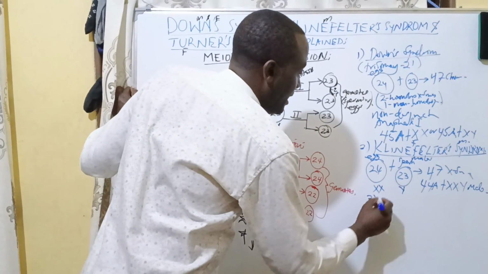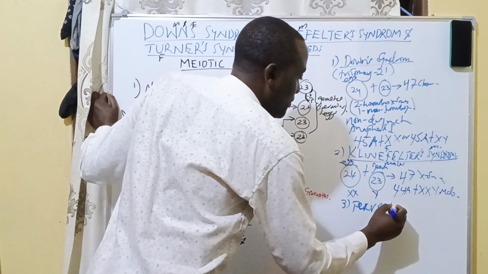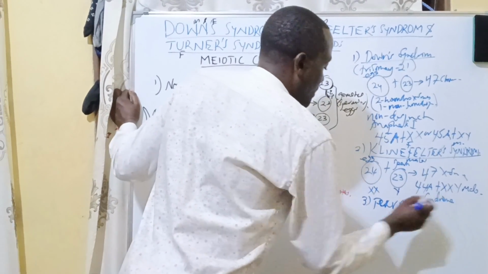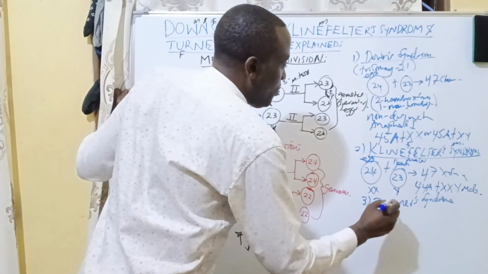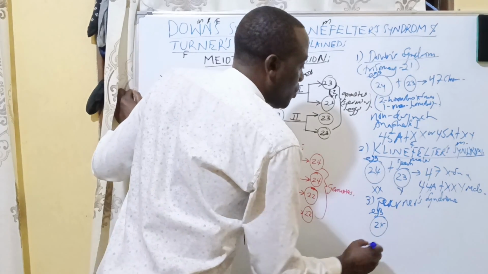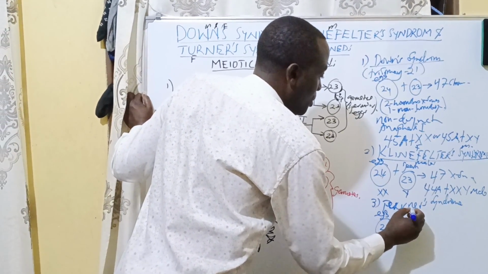Lastly is Turner's syndrome. We shall discuss also the signs and symptoms in another video. So Turner's syndrome, what happens? The egg cell comes with 24 chromosomes plus the sperm cell comes with 23 chromosomes.